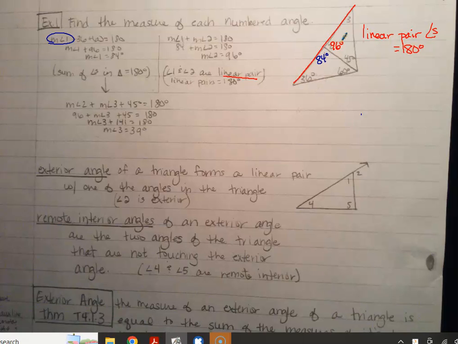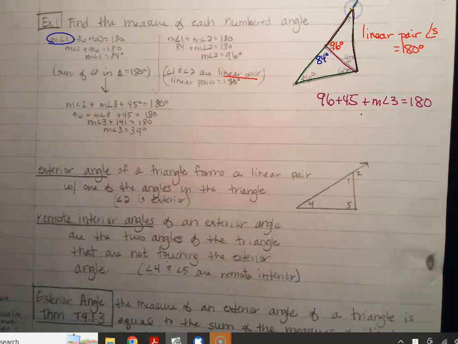Awesome, I'm making some fantastic progress here because now, let me erase that line. Now I've got 2 angles found and I only have one more angle to go, angle 3, which magically is a part of a lot of different triangles. So I can look at the little triangle and say, hey, 96 plus 45 plus the measure of angle 3 has to equal 180. Or I can look at it as a big angle.